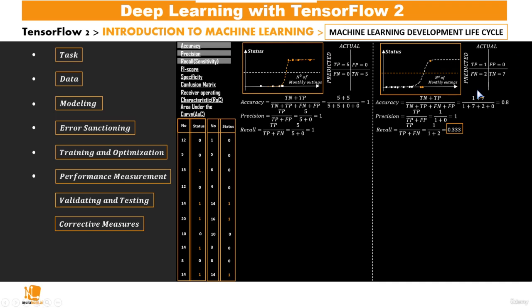Supposing this model was taken into production, it means many patients will be classified as not having the virus, of which they actually have the virus, which is very dangerous. Meaning we'll have so many more patients who are going to stay without maybe taking treatment or some other care, and who later on may lose their lives.